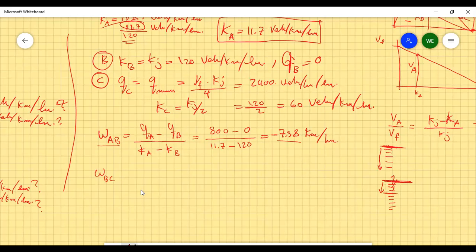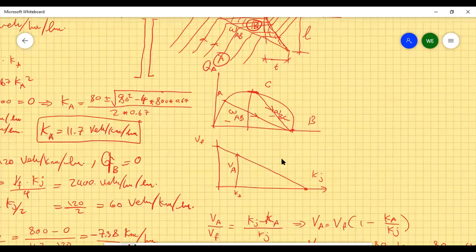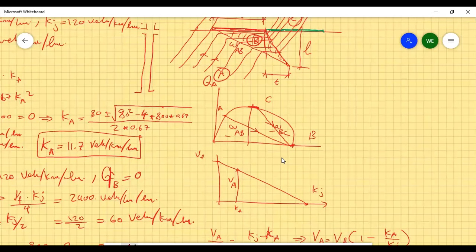Okay, it's going to be negative, by the way. But it's recovering. They are changing from being stopped, from being in that state, to being in a state of motion again.